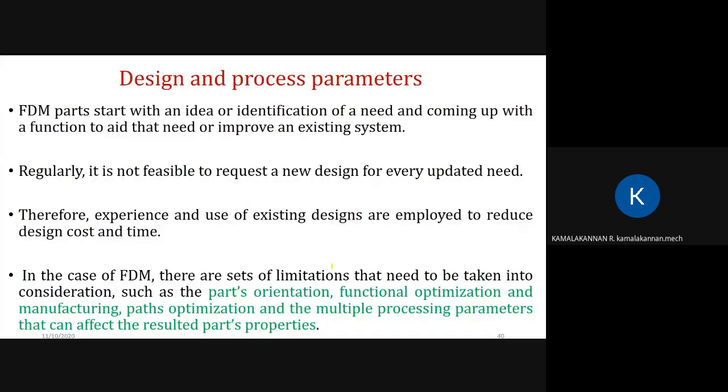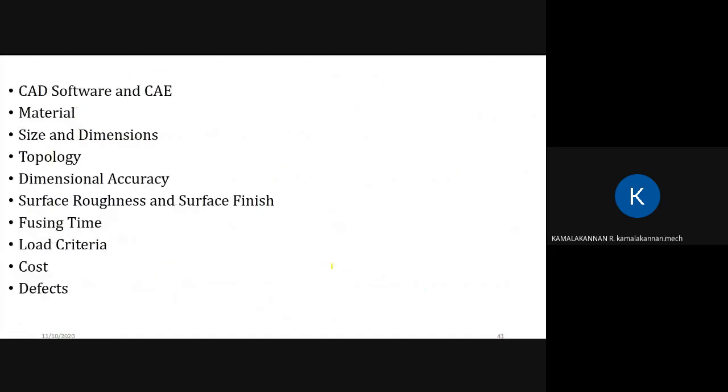What we are looking at before and after this will be only for FDM in unit number 4. The criteria might be the same, but the adjustment might be different. This is the topic we saw last class.